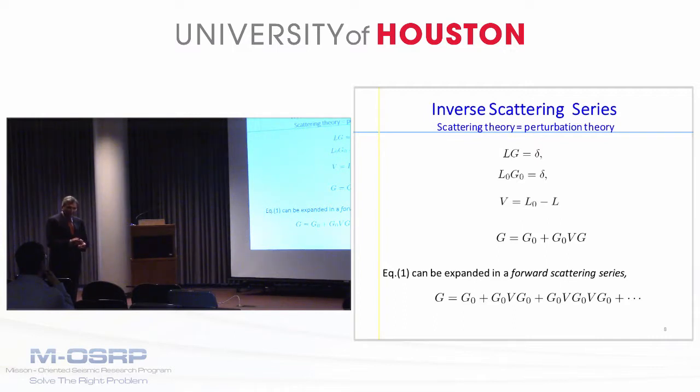We might think if you change the medium, what's the change in the wave field? It doesn't know that. It's just a relationship between the difference in a medium and a difference in the wave field, both within and outside that medium, a relationship. So to have that conversation, we're going to say, assume that the actual medium is described by L G equals delta. L is some differential operator for the actual medium, whatever your medium is. It could be electromagnetic, it could be elastic, it could be anelastic.